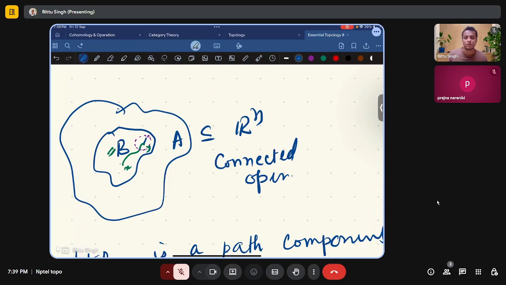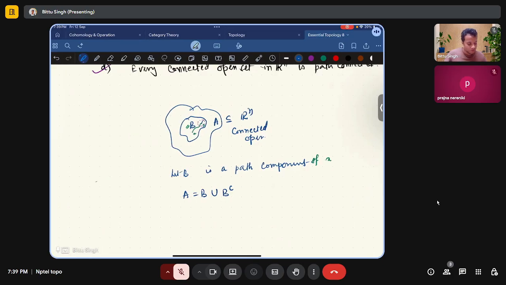So from this observation, you can see that the path component B is open. Similarly, by the same way, if a point cannot be connected with X by a path, then any neighborhood of that point also cannot be connected by a path.